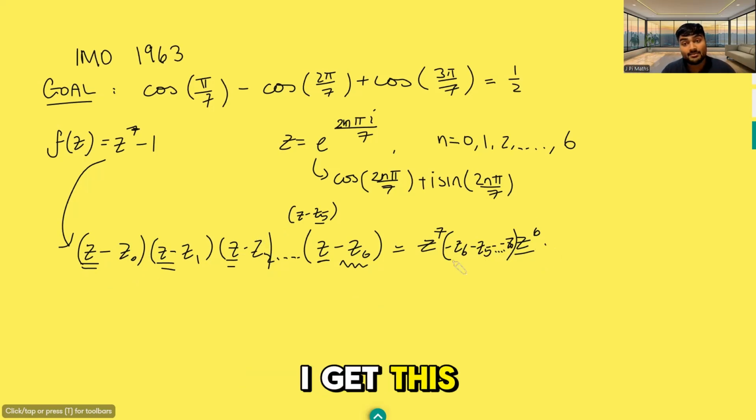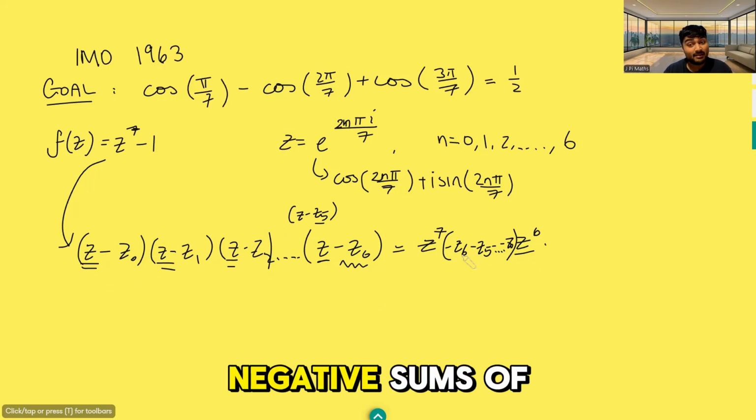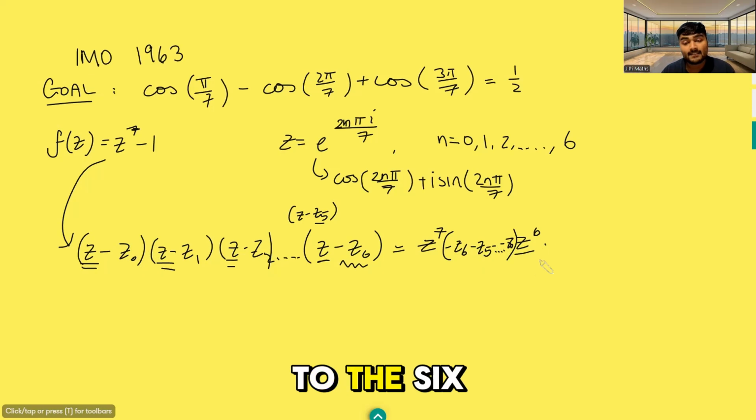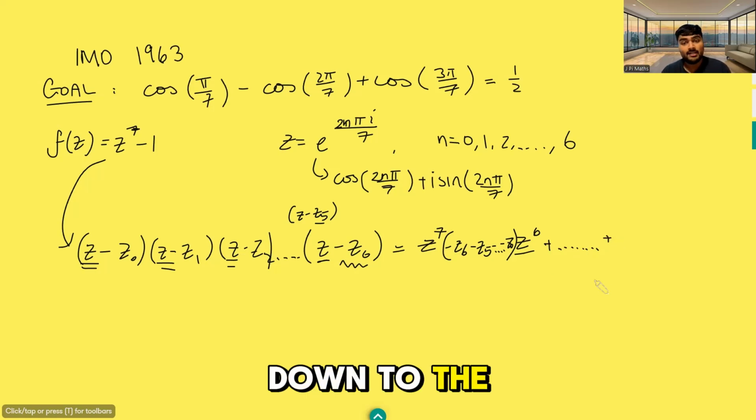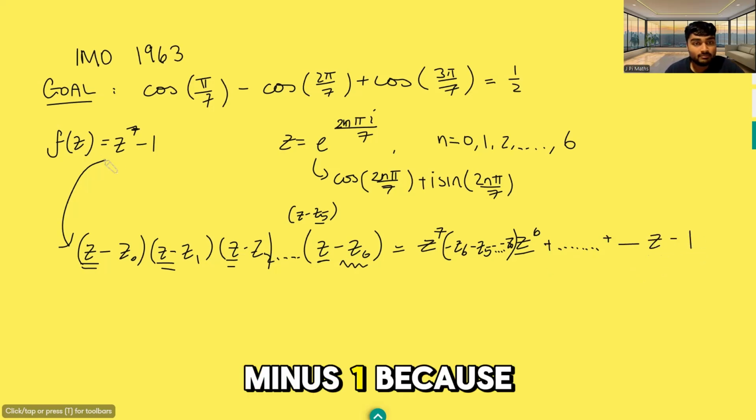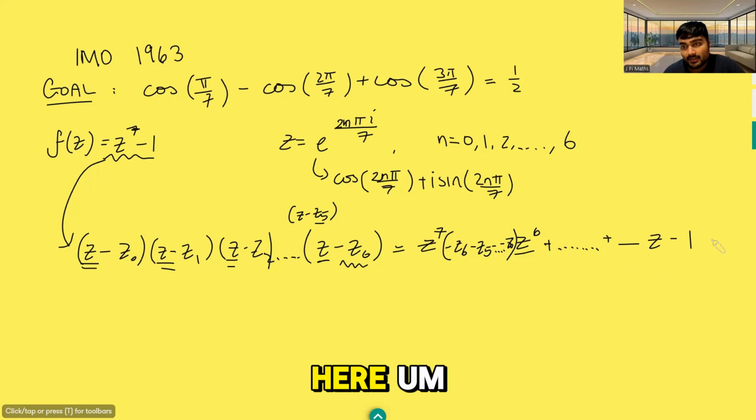That's how I get this term. So it's the negative sum of these roots, multiplied by z to the 6. Then I'm going to have a z to the 5 term, a z to the 4 term, and so on, all the way down to the constant term. And we know the constant term here will be minus 1 because of this up here.